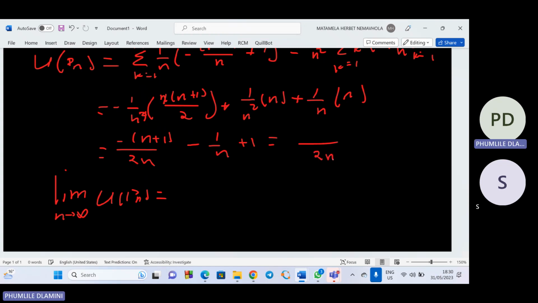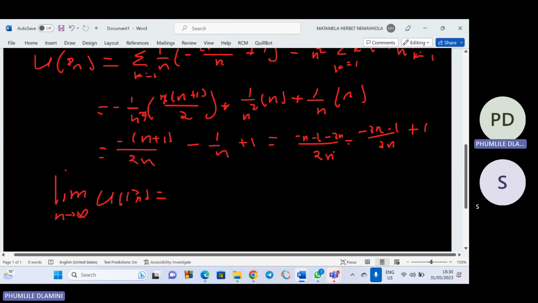This is going to be 2n minus n minus n, minus 1 minus 2n, minus 2n is going to give us minus 3n minus 1 over 2n. Plus, we also have this plus 1 there.